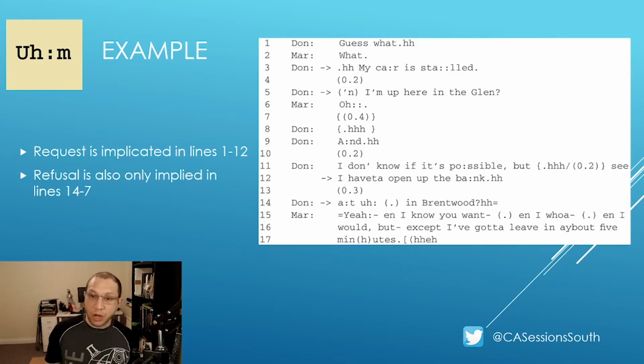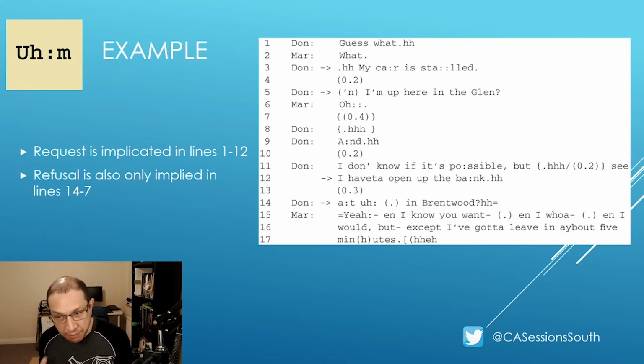The closest that Donnie gets to making the explicit request is in line 11 with "I don't know if it's possible, but see, I have to open up the bank," which can be seen as anticipating an upcoming rejection. And this might be related to the fact that there's very little uptake from Marcia over lines 2 to 10. Then Donnie continues, offering a prefacing account with, "see, I have to open up the bank in Brentwood."